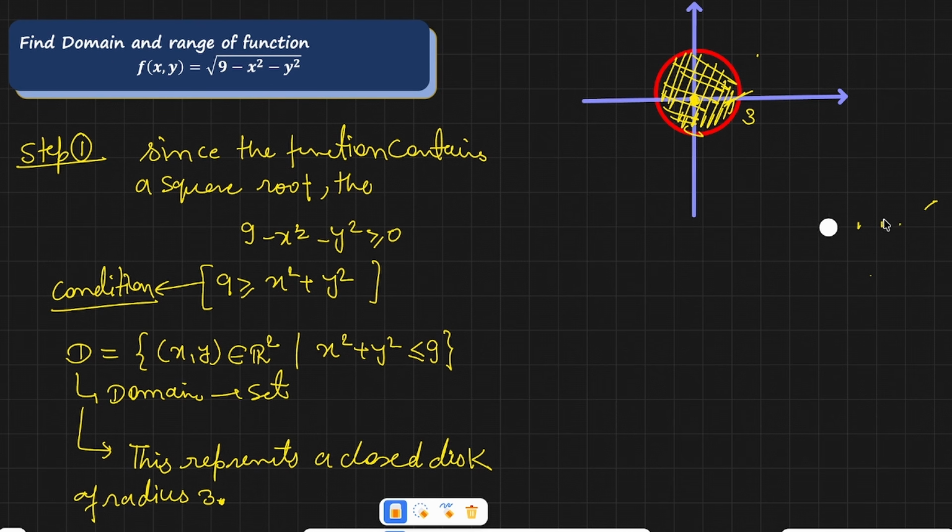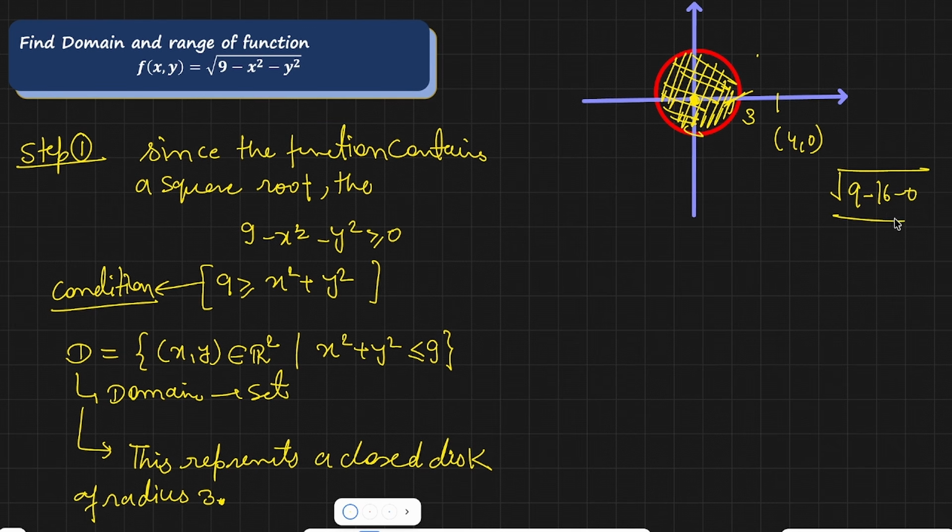If you take, let's say, (4, 0), then 9 minus 16 minus 0 is again not defined. So domain simply means the set of points at which my function is well defined. If any condition is there, then you have to write it down like this. This is the proper way to write the domain.